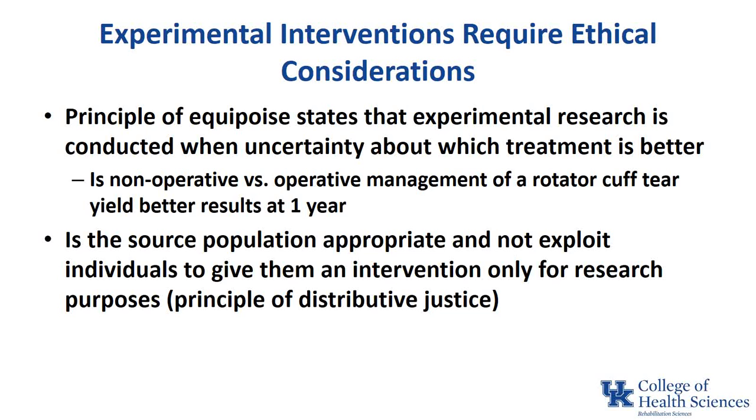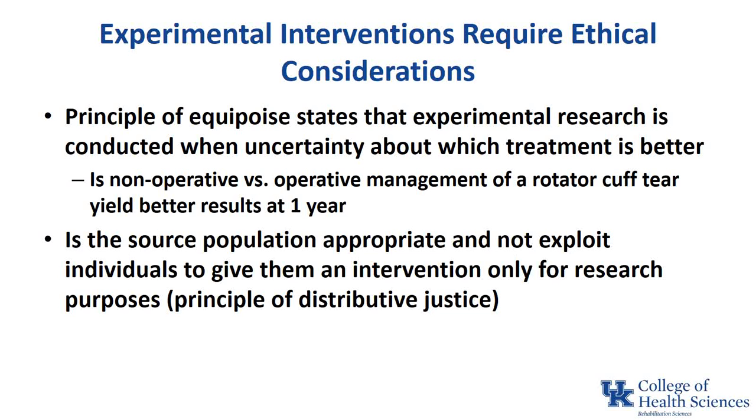So, other considerations in intervention studies. We always do IRB approval for our primary research, or as much as we can, but because we're doing an intervention that may or may not be beneficial to our patients, we need to think carefully about the principle of equipoise. This states that the experimental research is really needed, and I think Dr. Fleischer talked about this, that we don't really know which treatment intervention is better.